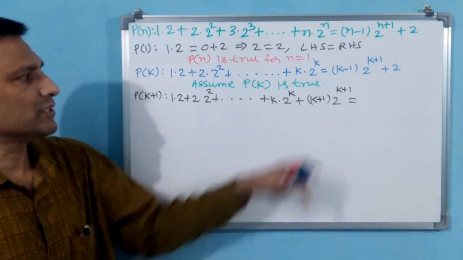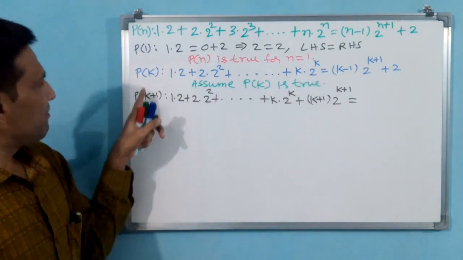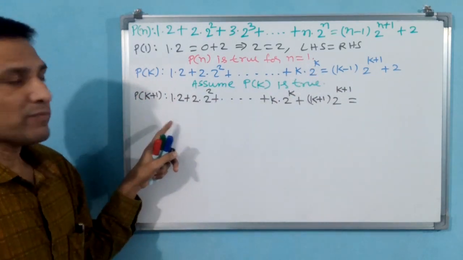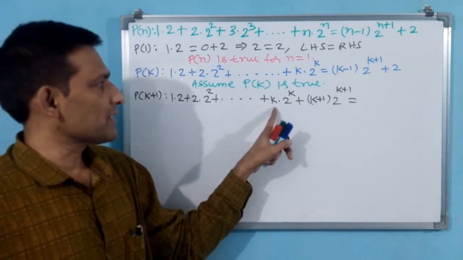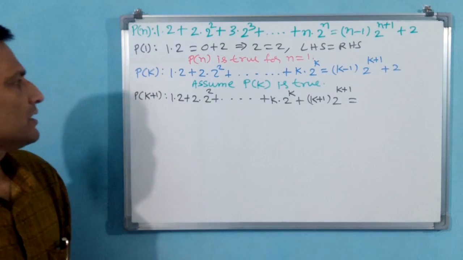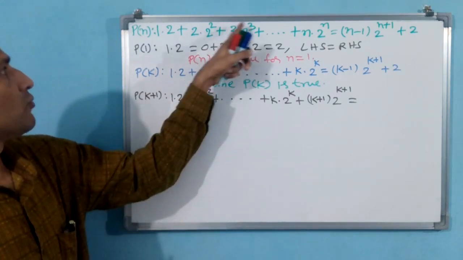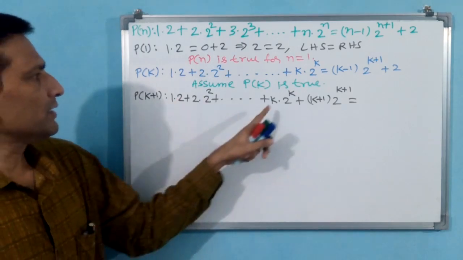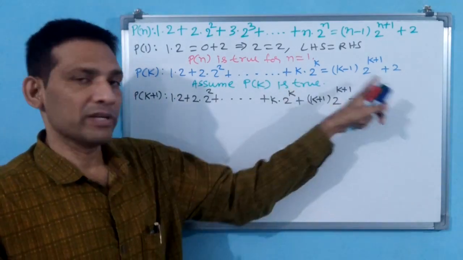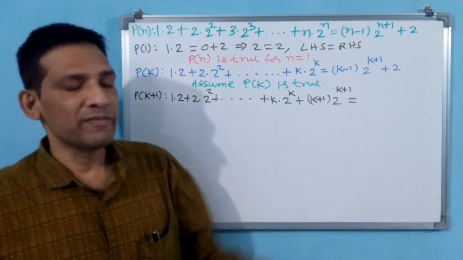After k into 2 power k, one more step goes: k plus 1 into 2 power k plus 1. Here 2 power 1, 2 power 2, 2 power 3, and here 1, 2, 3, so k plus 1, 2 power k plus 1 will come. This is the story of LHS.